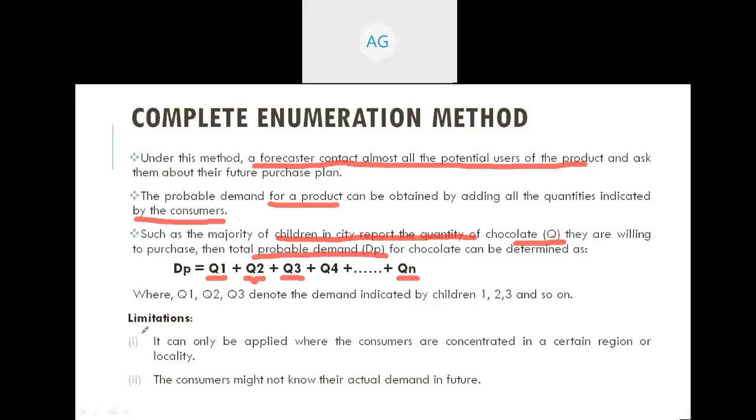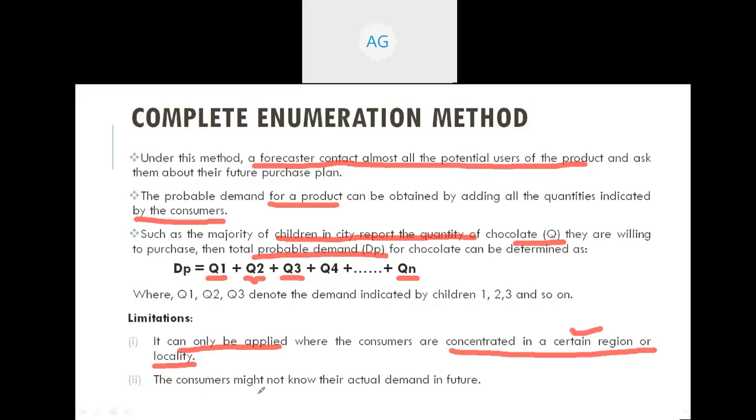But the limitation of this method is that it can only be applied when the consumers are contacted in a certain region or locality. So only a short survey has been conducted here because a certain region or locality has been taken in this method.